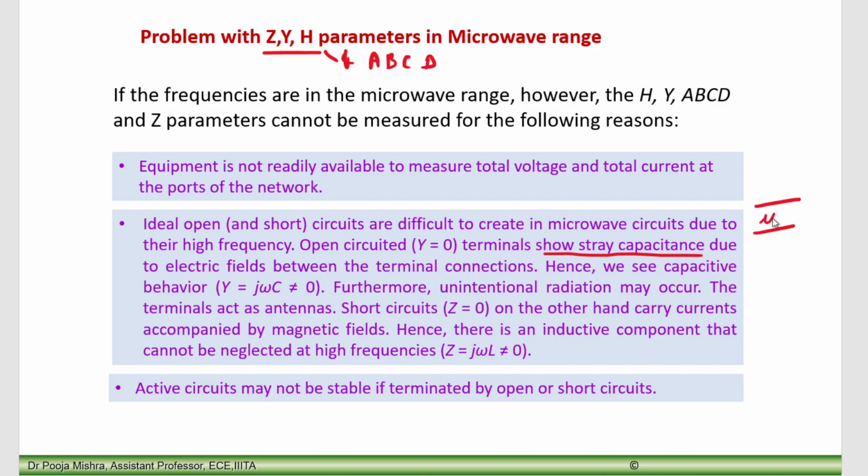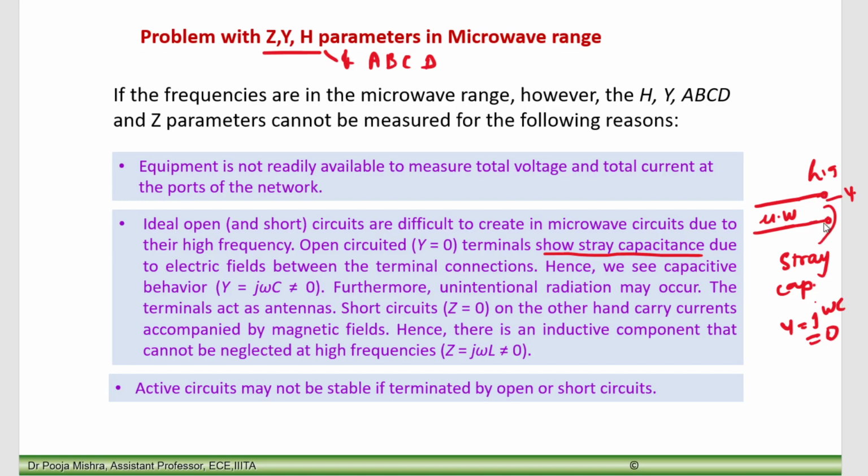If it is in the microwave range, this is a microwave network, and you are creating an open circuit at high frequency, there are stray capacitances there. If stray capacitance appears at high frequency, the admittance here will be y equal to j omega c, and it will not be zero as it happens in low frequency applications.